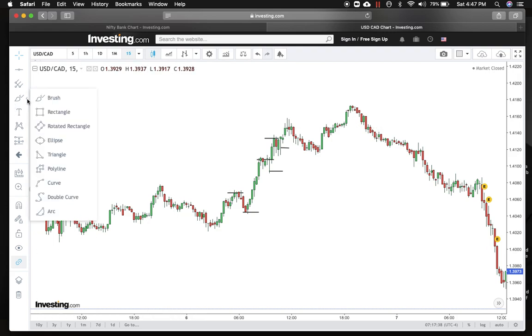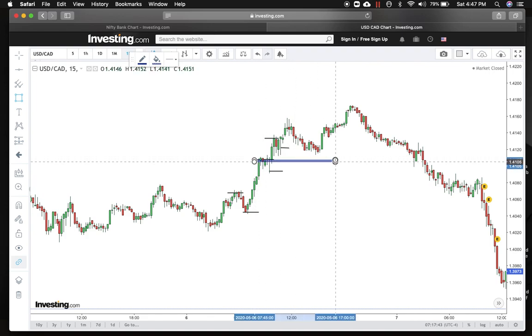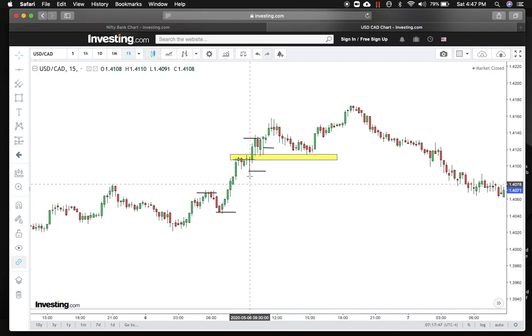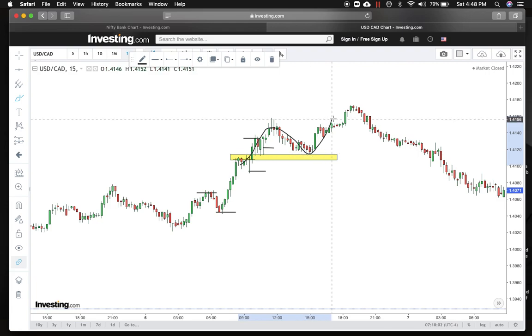If I talk about the area of value, support and resistance, we can see right over here that this is a very strong support and resistance. When the price is trading below this zone, it's a resistance and price is correcting. When the price goes above this zone, this supply demand zone will again become the support and price will rise.